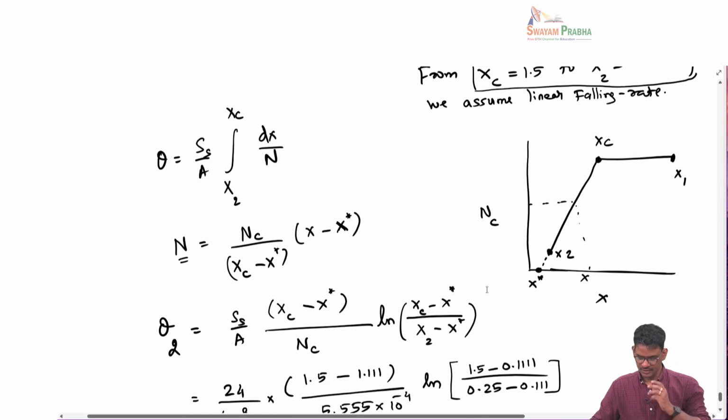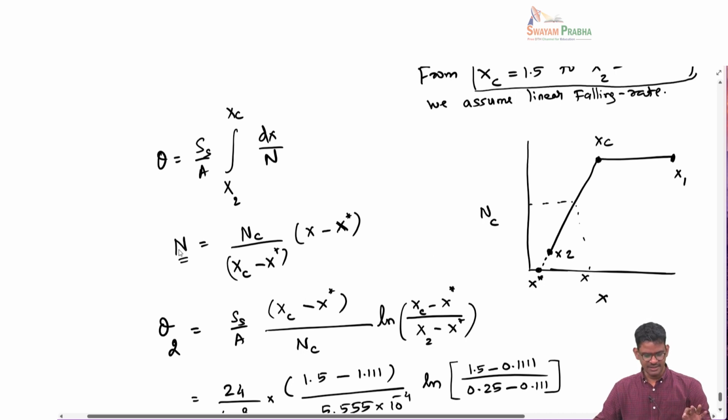So let me just summarize this here. What we have done is, from x1 to xc, we have the constant drying rate from the test sample we are using, and then for the falling rate from xc to x2 we don't have the information. So we are assuming that from the critical moisture content to the equilibrium moisture content the falling rate is linear.